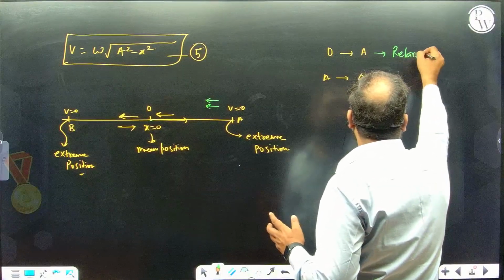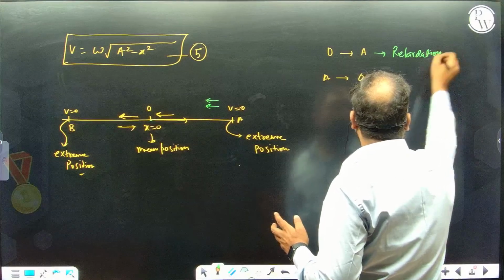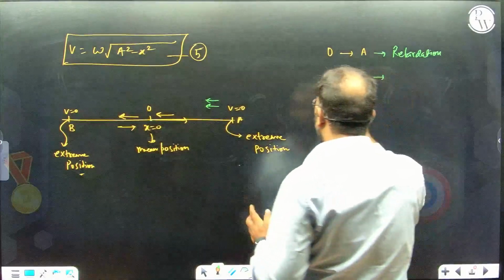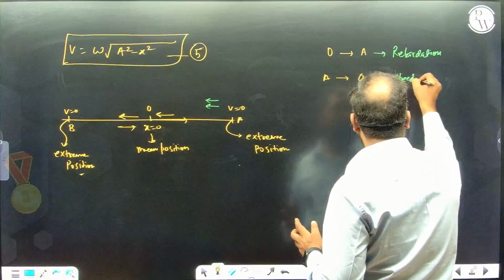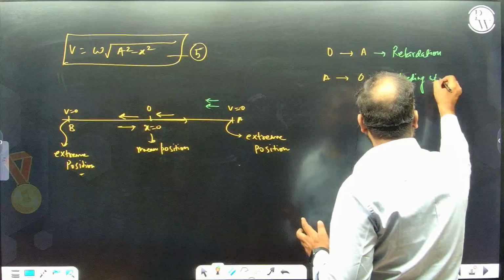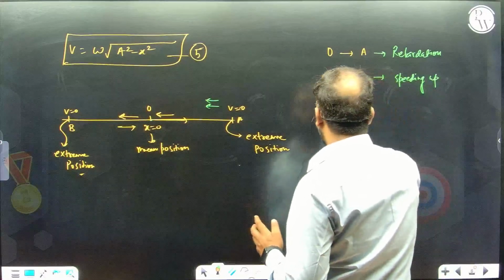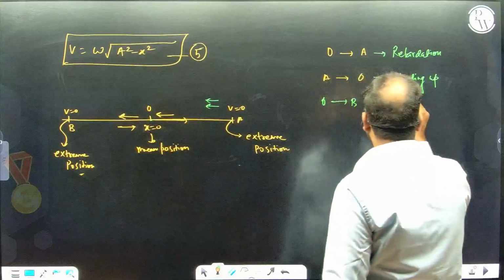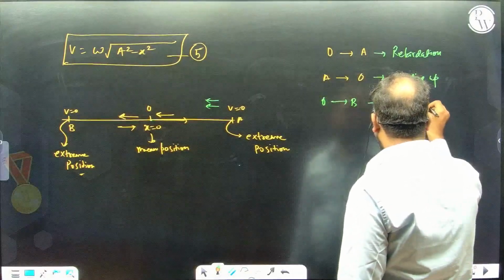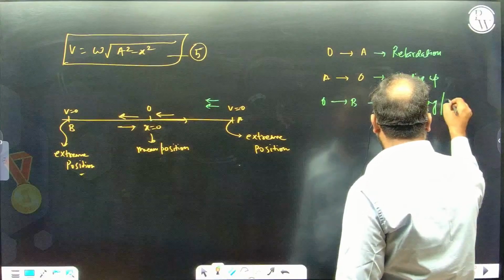Retardation, the particle is slowing down. From A to O, it's speeding up. Then going from O to B, again it is retarding, or slowing down.